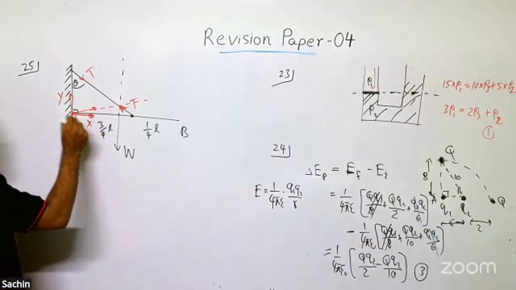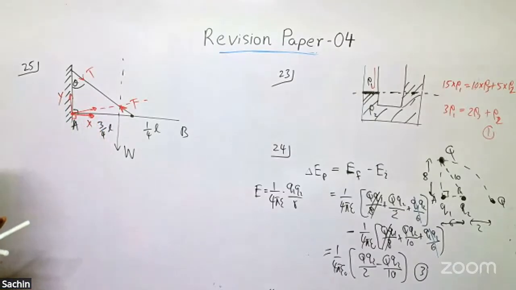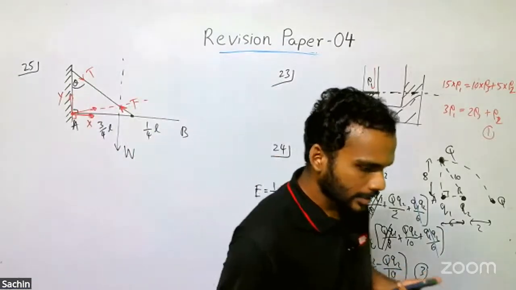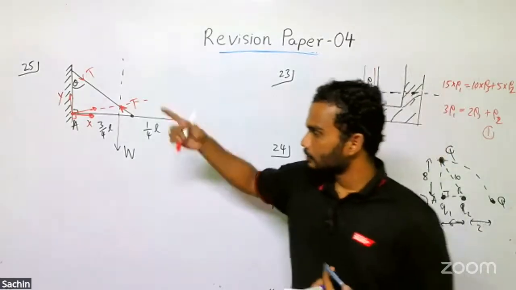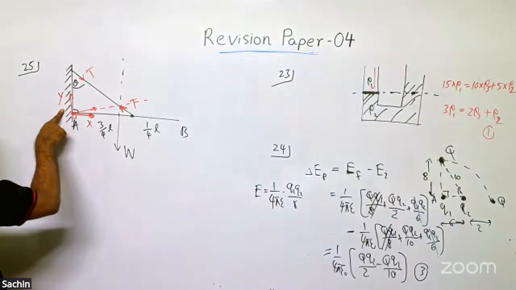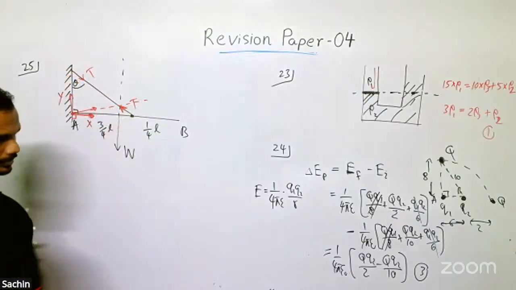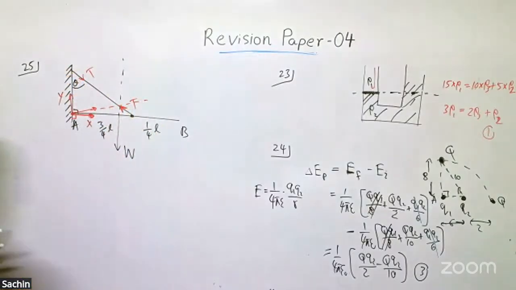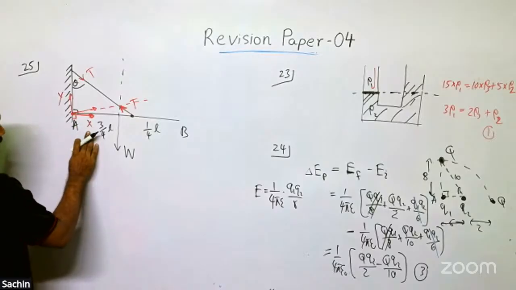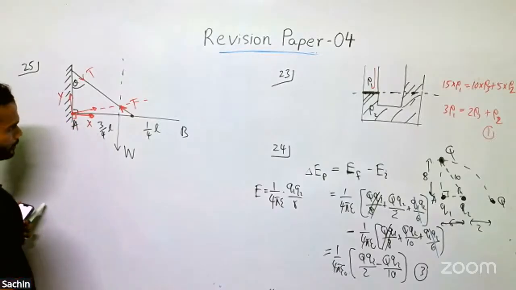How does this y come? Y comes because of the friction. A parallel component along this wall comes because of the friction. So if there was no friction, then we couldn't keep this system like this. The friction should be there. Anyway, to calculate the reaction, we have to find this x and y value separately.